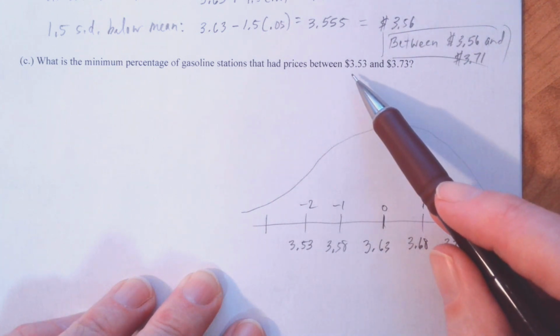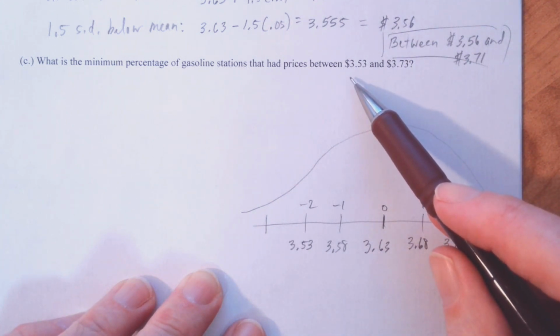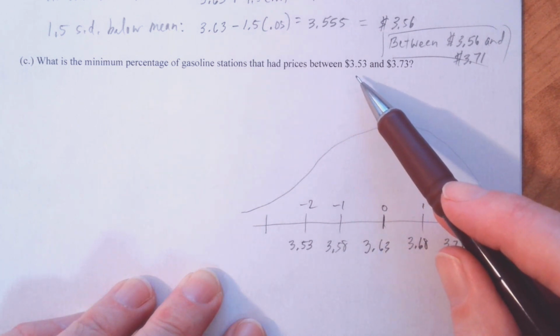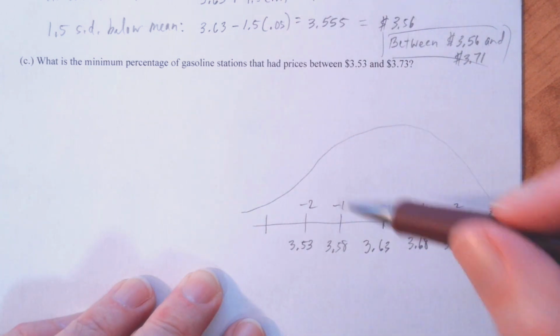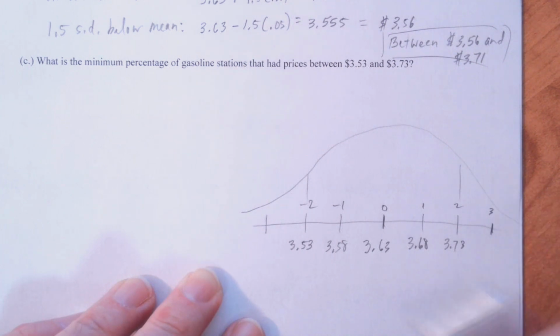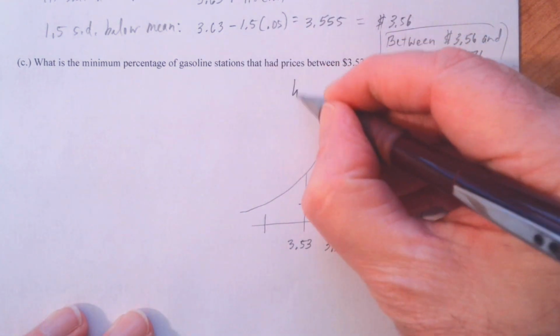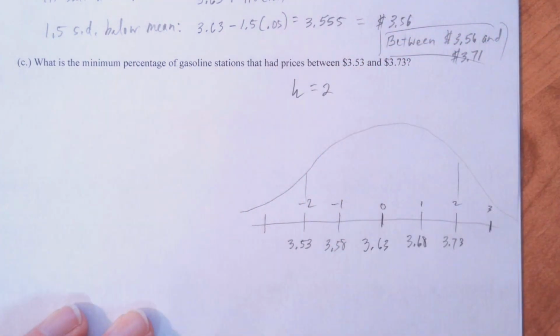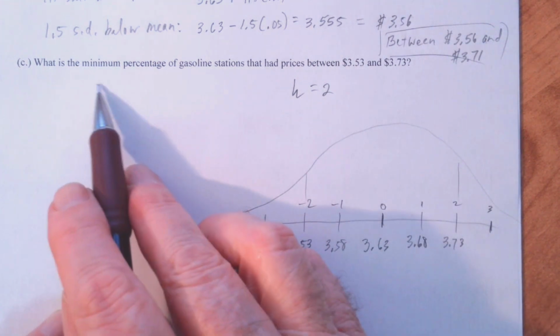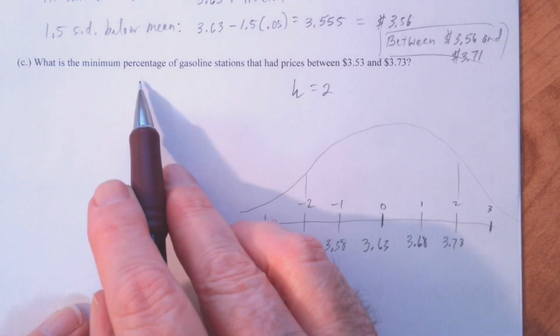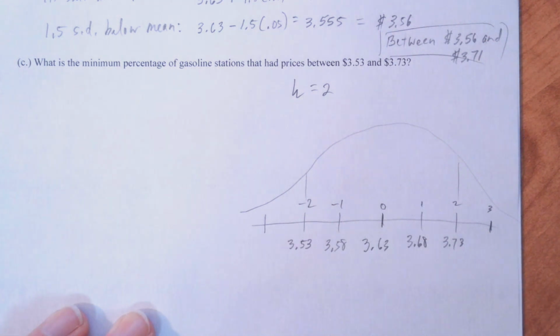And we wanted to know the minimum percentage of gasoline stations that had prices between these two numbers. So that's 2 standard deviations. And so what we found is that k equals 2. And notice it's asking the minimum percentage. So in other words, remember with Chebyshev's Inequality, it's at least a certain percentage.